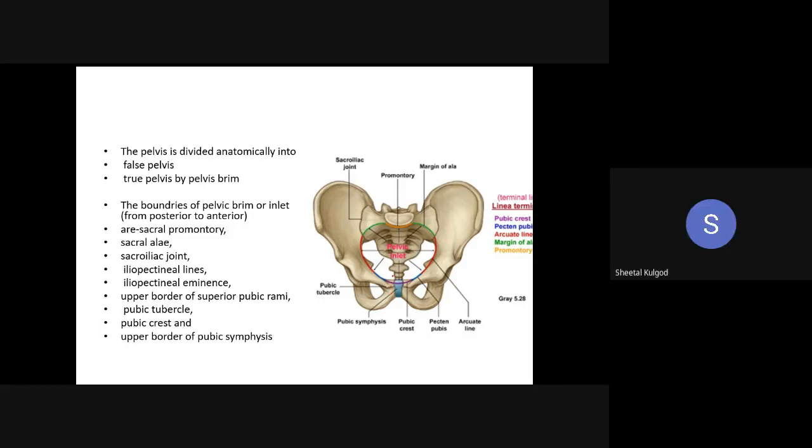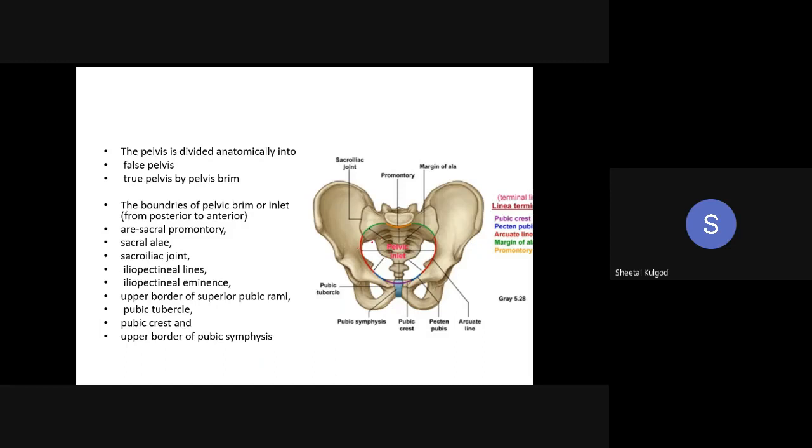These two are separated by the plane of the pelvic inlet, what we call the plane of inlet or the pelvic brim. You can see this colored structure here which is marked, that is the pelvic brim. So this separates the false pelvis from the true pelvis.